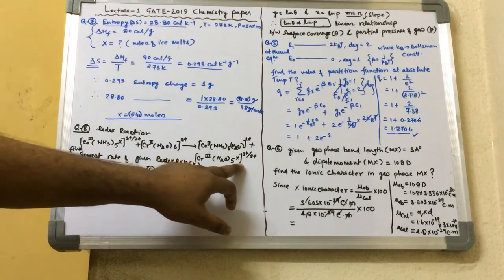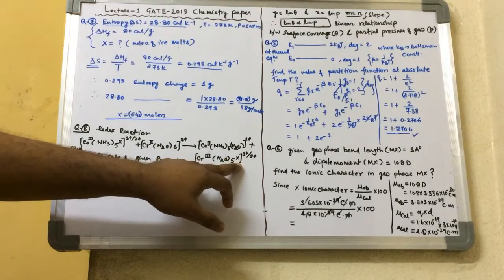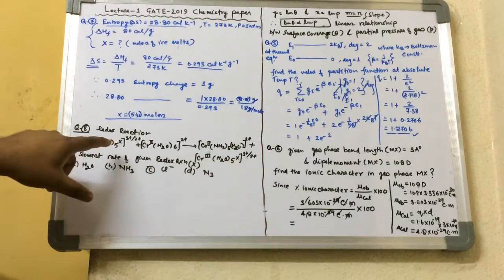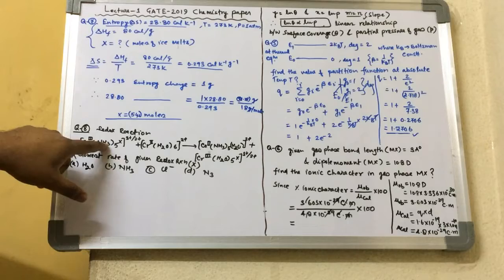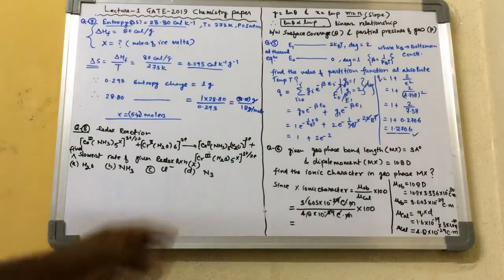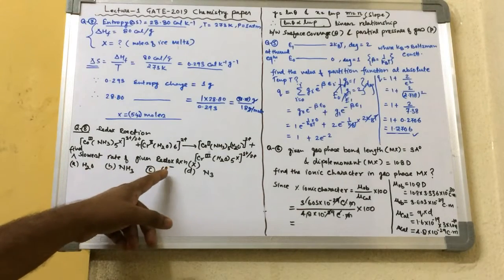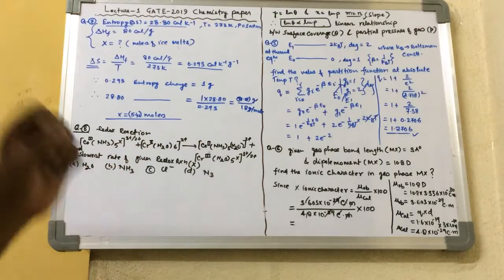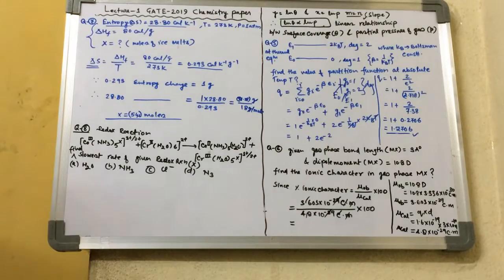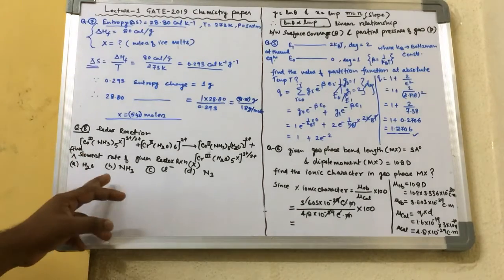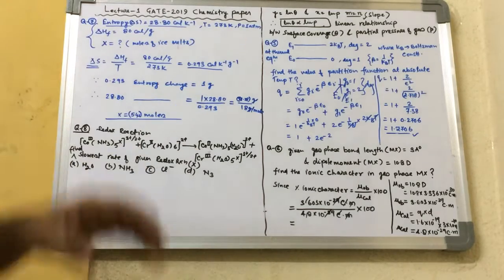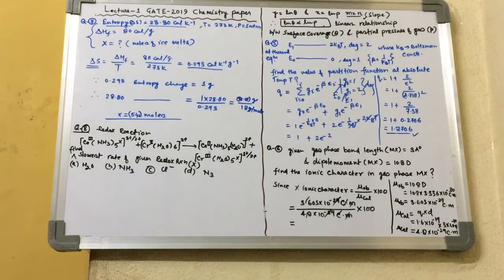Yes, because the 5 ammonia here plus 1 makes 6, and the other complex also has 6, so there is no interference with the other ligands. Chloride is not possible, and N3 minus is not possible, so option B is the correct option. X will be ammonia for this redox reaction.